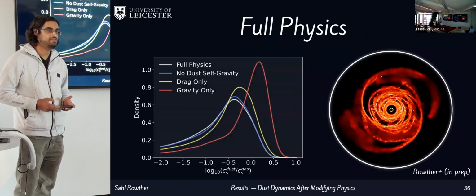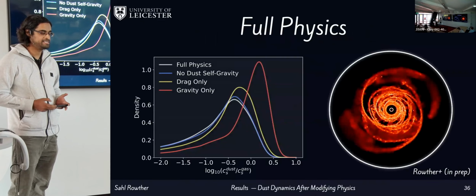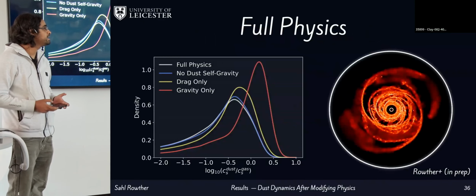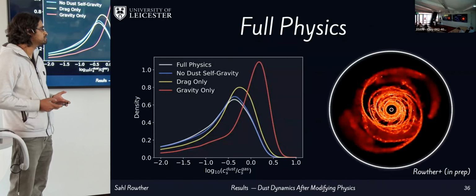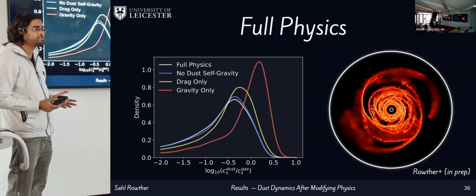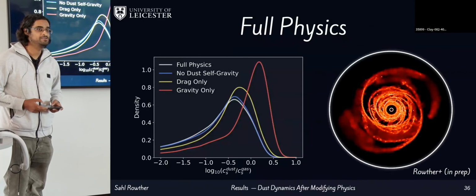And once again, we'll look at the velocity dispersion to understand what's happening. So in the full physics simulation, as nothing has changed, you still get clumps, as one would expect, by not changing anything.